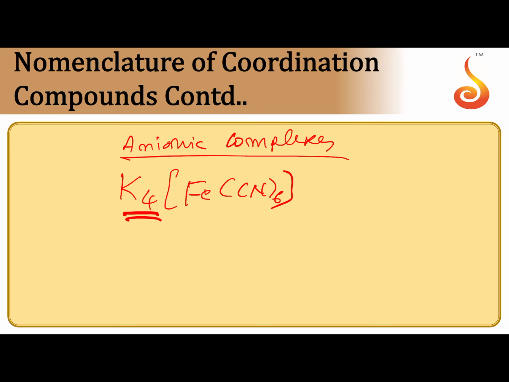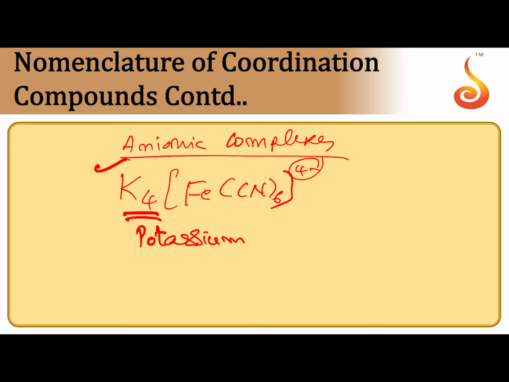Since 4 K+ ions are present outside as counter cations, the complex is an anion. 4 units of negative charge are present. So for anionic complexes, first you write the name of the counter cation without mentioning the number. Here the cation is potassium. Don't write tetrapotassium, just potassium.